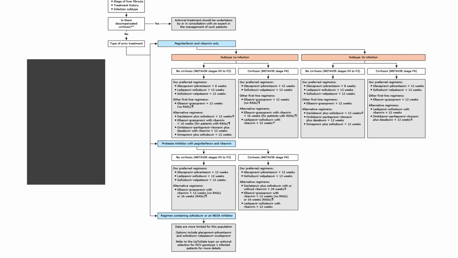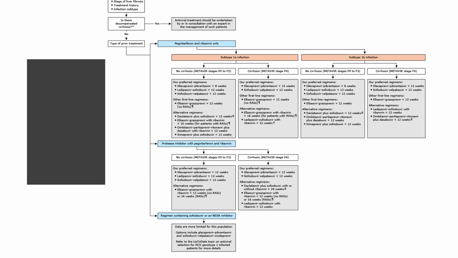This table is how to manage patients who failed treatment initially. First, you have to assess the stage of the liver fibrosis. You have to know the treatment history, the kind of regimen they used, and finally, the genotype of the HCV they have. You also find out, do they have decompensated liver cirrhosis? If it is yes, then you have to refer them to a specialist.